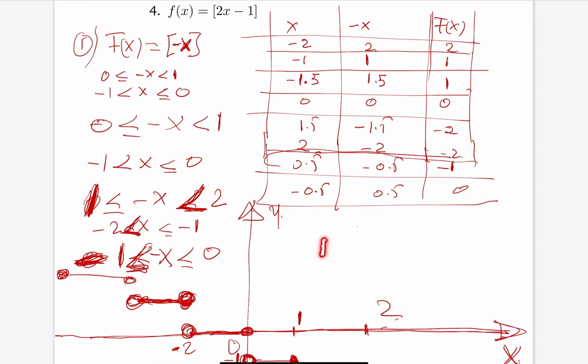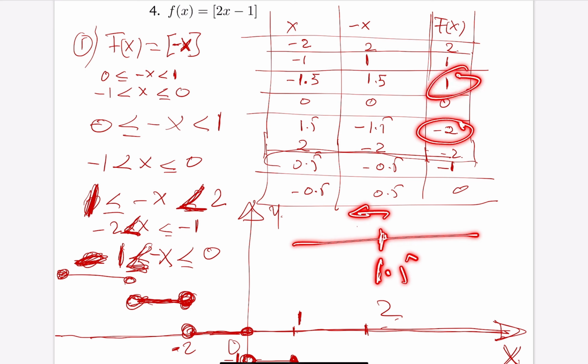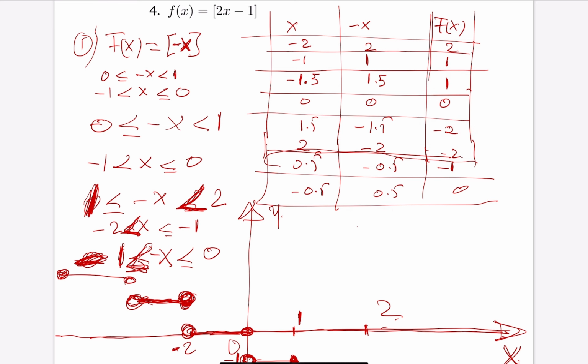If you look at 1.5, the greatest integer here, you go on the left side, which is 1. Now you have to pick first from 0 to 1.